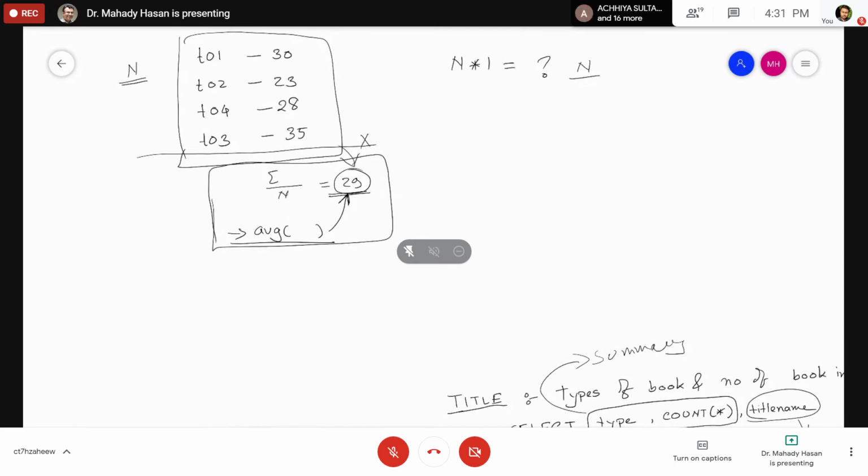The answer is no. Why no? Because sir, this contains only one data, right? Now I am doing Cartesian product between what? So we are having title and average, and this has to be a table, right? So how can I get this table?